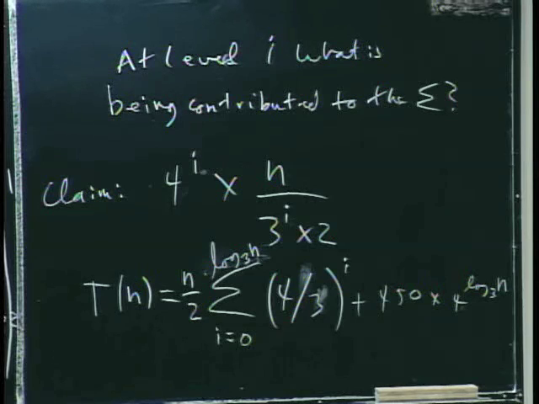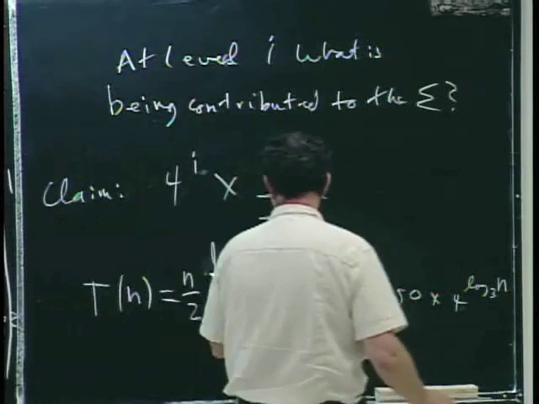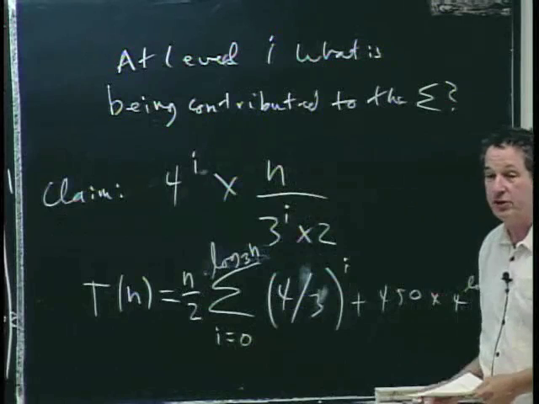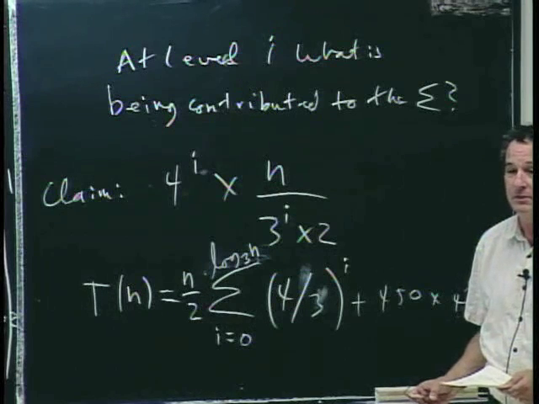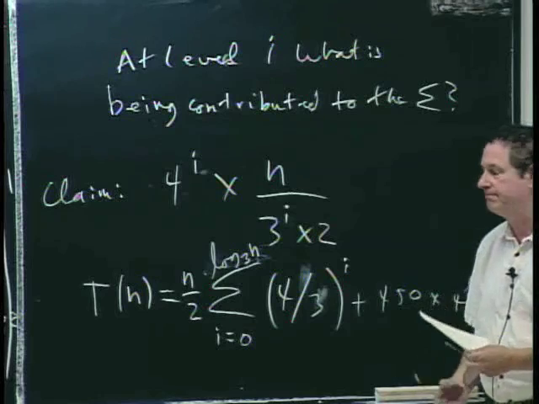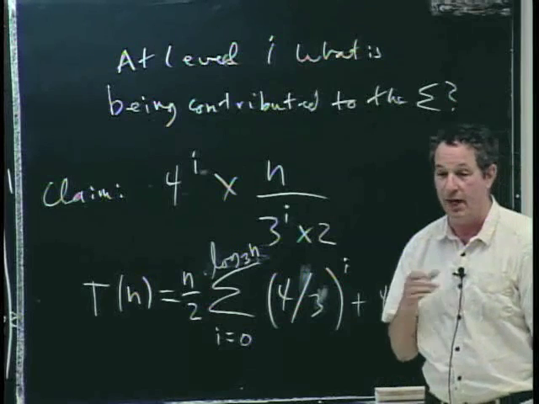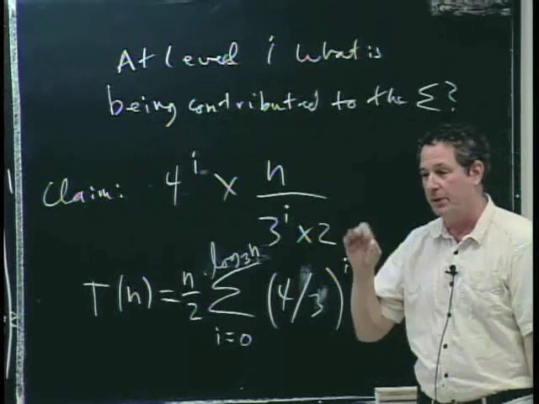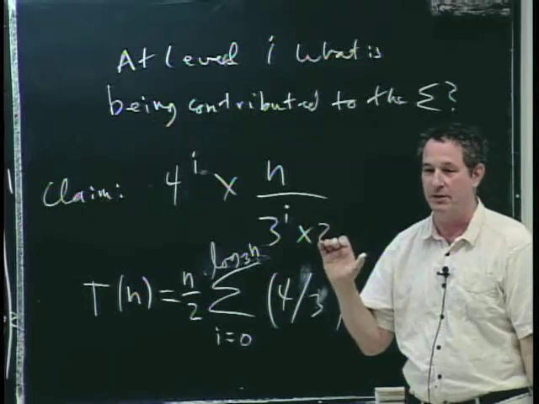Yeah. I also have a quick question. The summation is to the log base 3 n then? Shouldn't it go to log base 3 n minus 1? Oh, okay. So that's another level of precision that I'm particularly sloppy about. Plus or minus 1. I'm usually off by those.